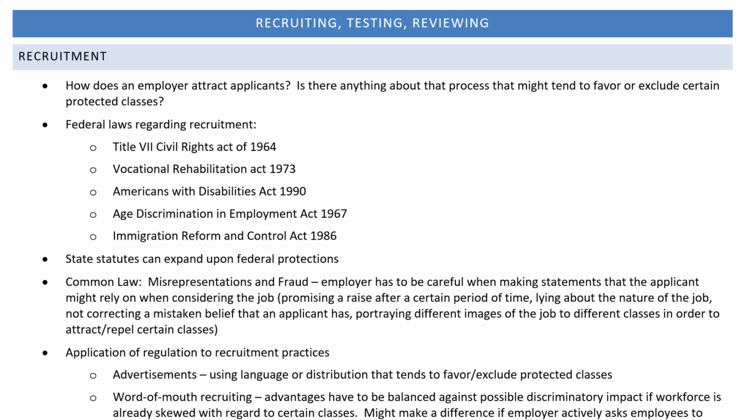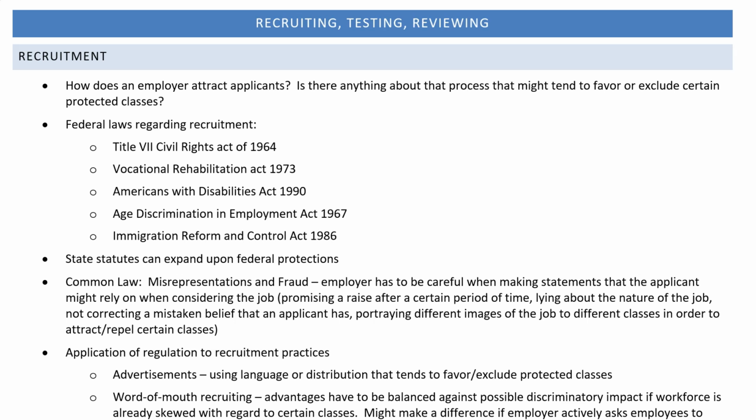And if we look at the Ivy League school student population and we find that there are significant disparities with regard to race or religion or national origin or whatever it might be, then what we might end up with is a little bit of bias in our recruitment pool. So it doesn't necessarily mean that what I'm doing is illegal, but it's something to think about as we're going about doing our recruiting activities.